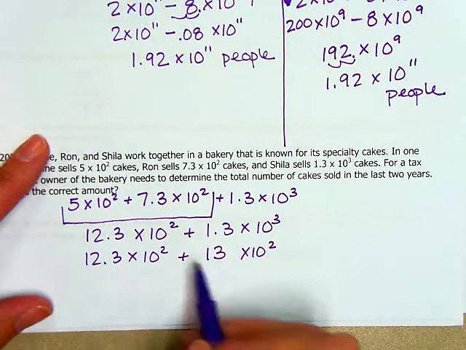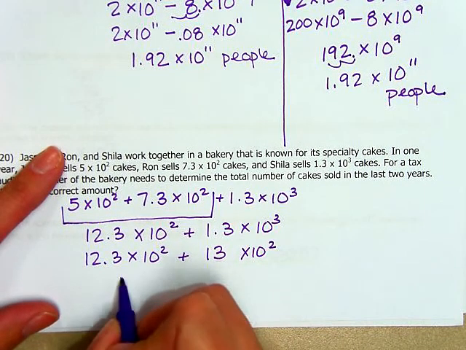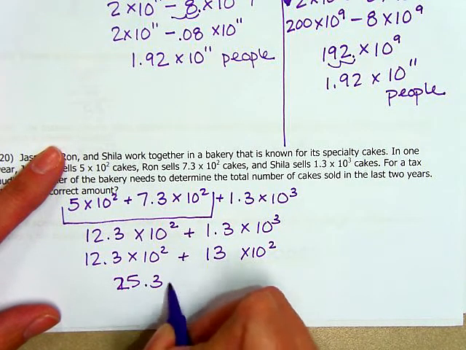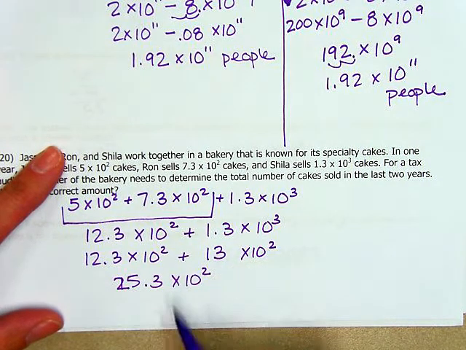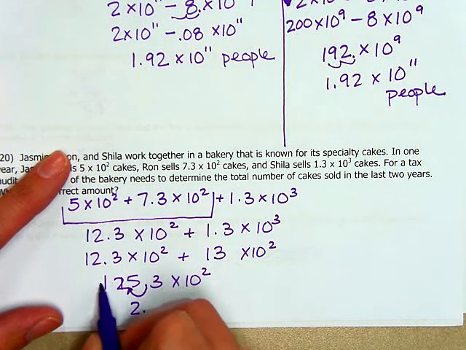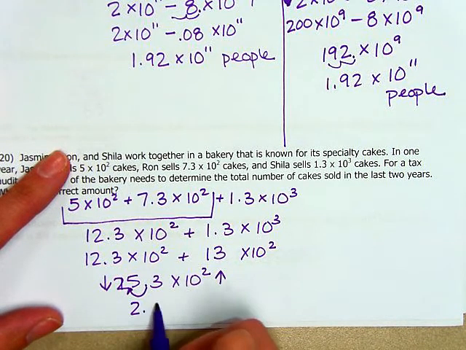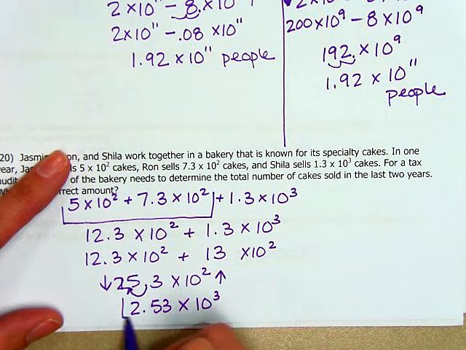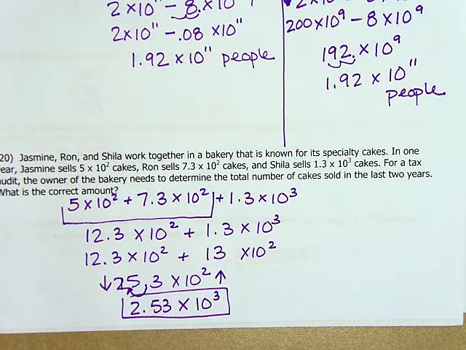So 13 plus 12.3, 25.3 times 10 to the second power. It's not scientific notation until we change it. This one decrease, this one increase. And we have how many cakes the bakery sold. All right, I will see you in class.